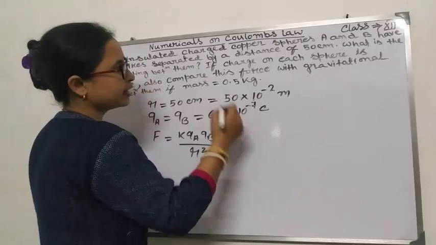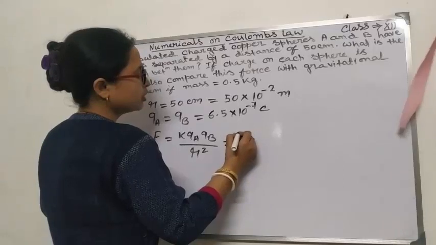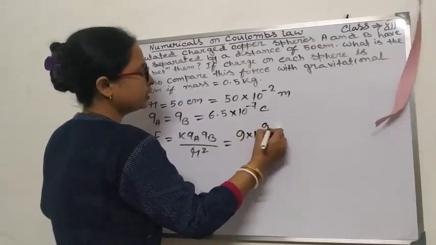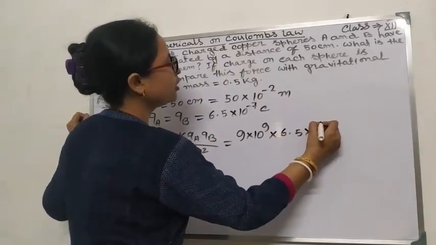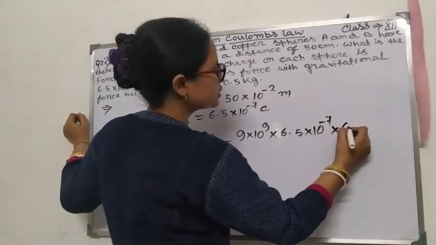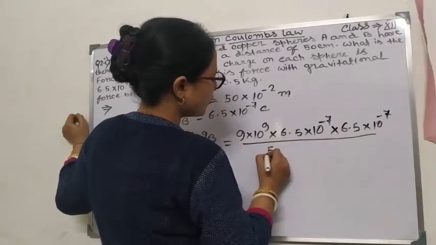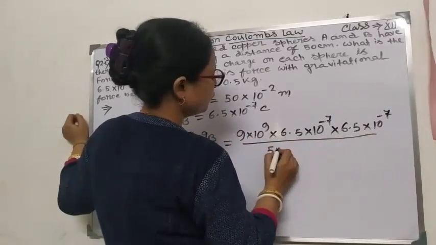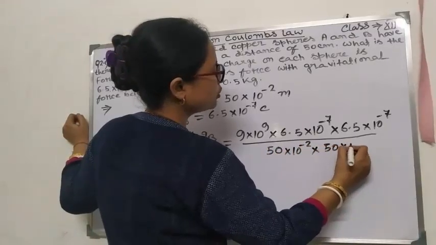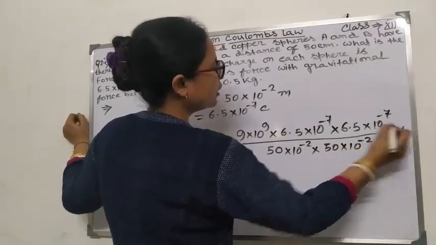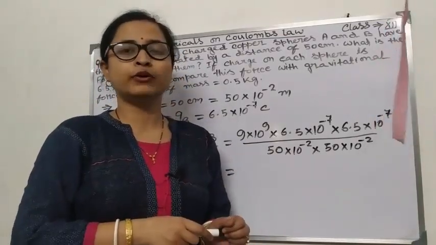As it is placed in air only, the value of K is 9 into 10 to the power 9, then 6.5 into 10 to the power minus 7 into 6.5 into 10 to the power minus 7 divided by 50 into 10 to the power minus 2 into 50 into 10 to the power minus 2. It will be in Newton. We have to follow a simple method of calculation here, as we have done in our first numerical.